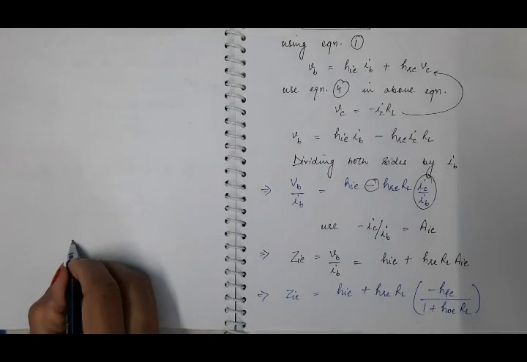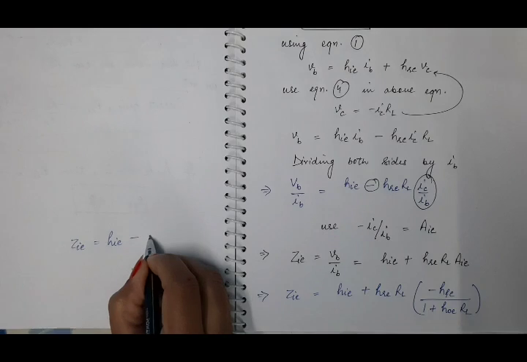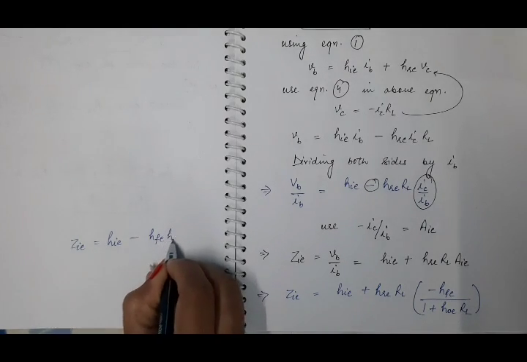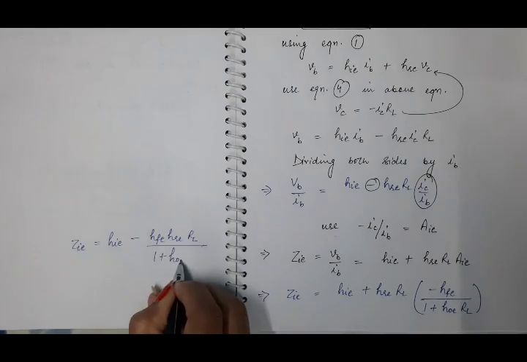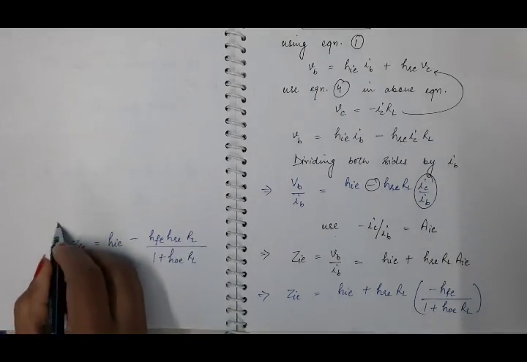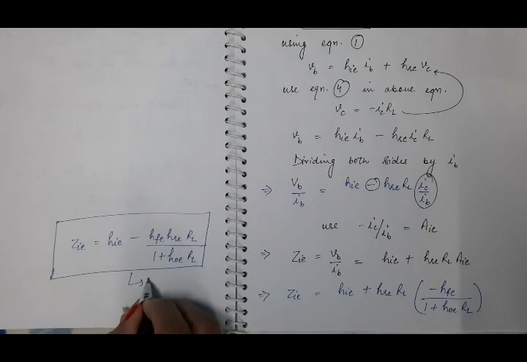So the expression for input impedance is HIE minus HFE HRE RL upon 1 plus HOE RL. Suppose this is equation number 8.